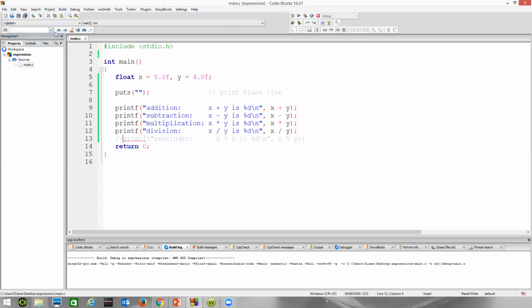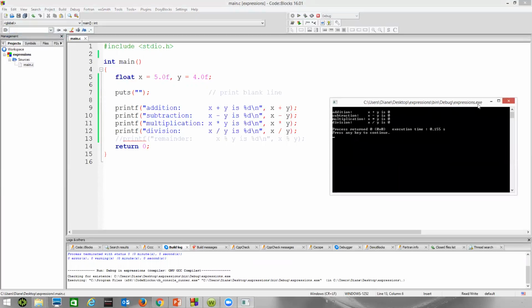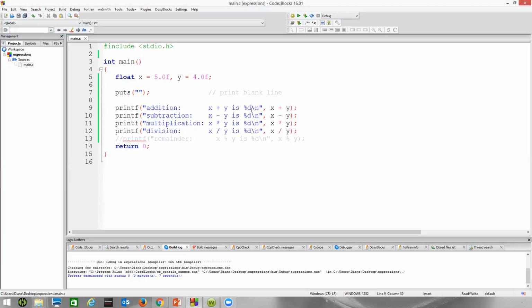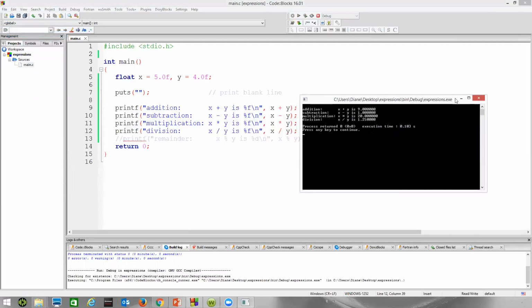Now, if we build and run, oh, well, no, we don't get the same results because I had to do more than comment it out. On my system, I got all zeros here because I didn't change from D to F. Well, now let's build and run, now that I've got the right conversion specifier.